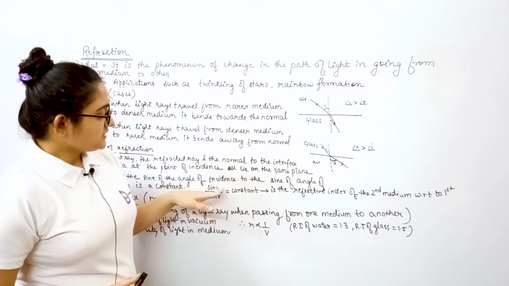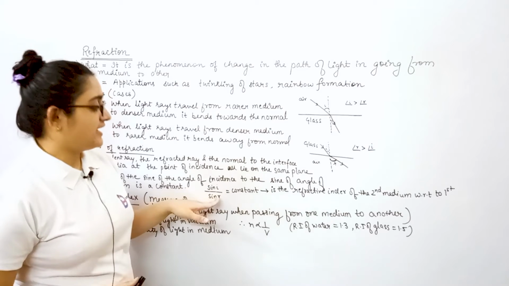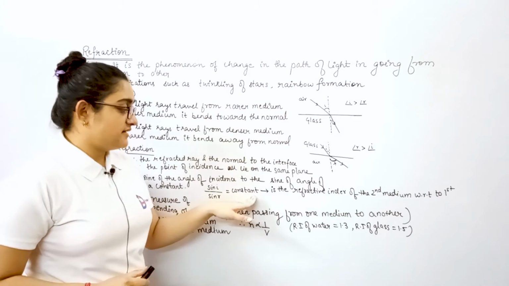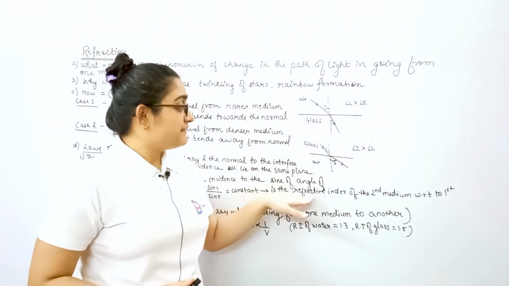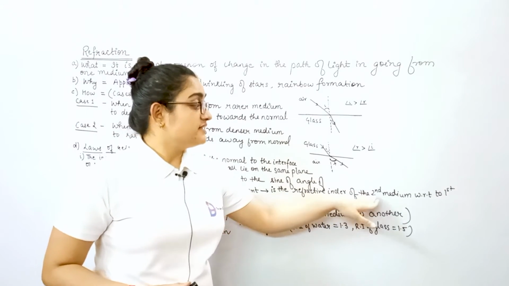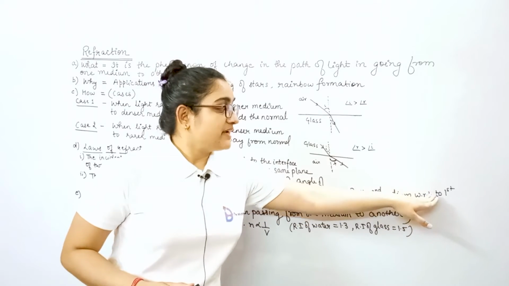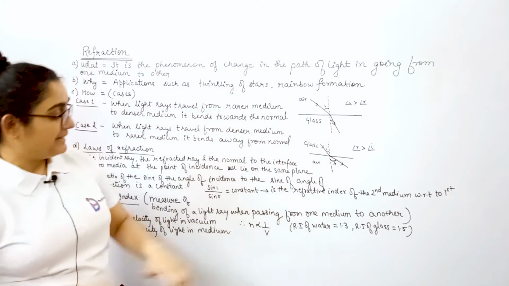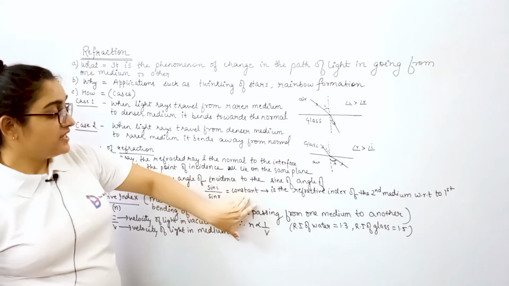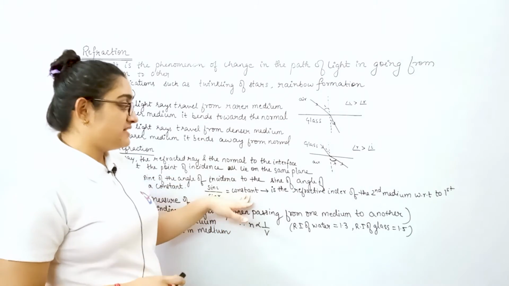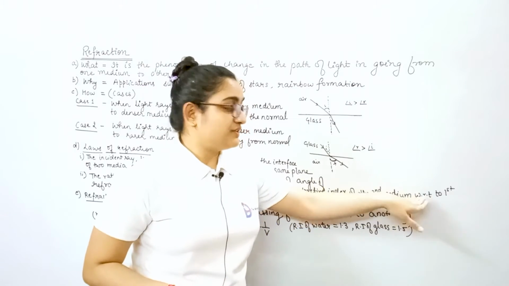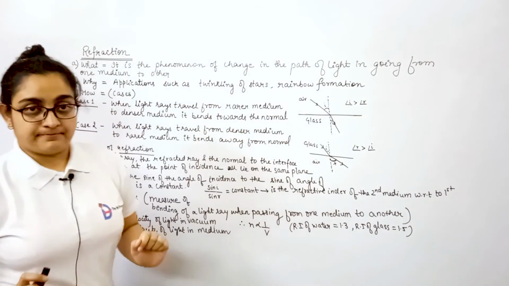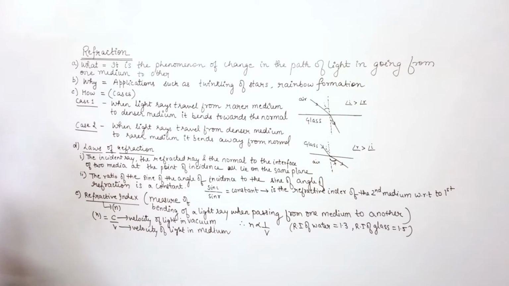Now sin i upon sin r equals a constant value, and this constant value actually means it is the refractive index of the second medium with respect to the first medium. Are you getting it?